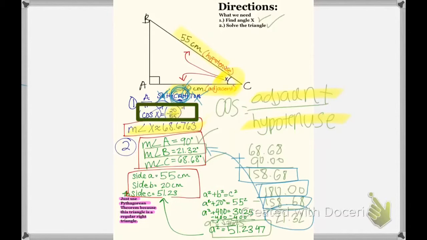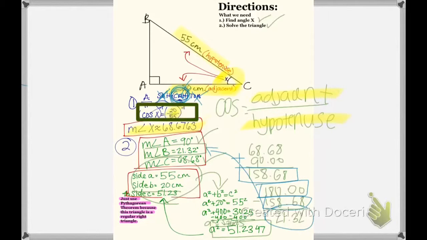Now, let's move on into finding the measurements of the sides. We already know the measurements of side A and B, which is 55 centimeters and 20 centimeters, but we are trying to find side C. So, we'll do this by using the Pythagorean theorem. When you plug these numbers into the Pythagorean theorem, you get a squared plus 20 squared equals 55 squared.